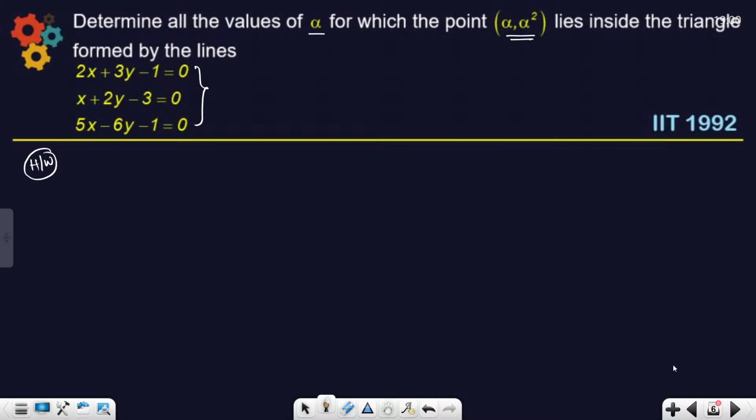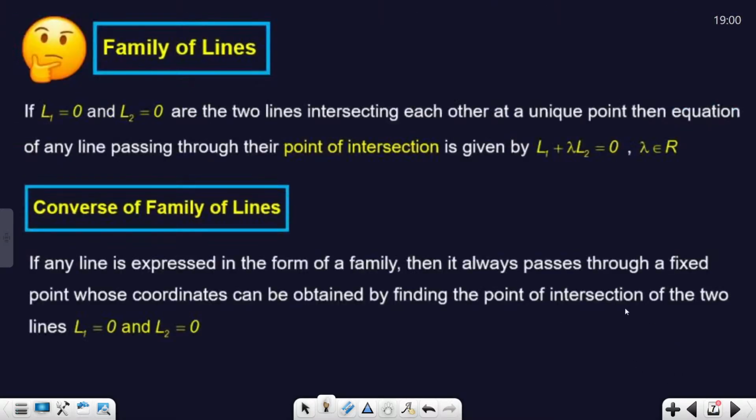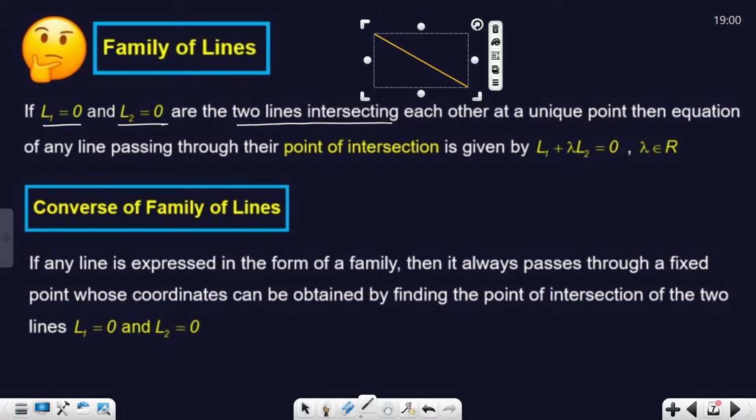Okay, so let's move to the next problem. This is a new concept. What is that? Family of lines. Now, what they have said, there are two lines, L1 equals 0 and L2 equals 0. These are the two intersecting lines. One is this, another one is this.